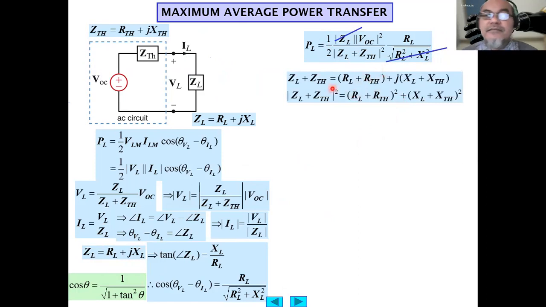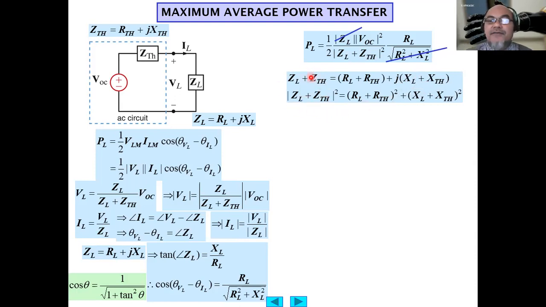From there, ZL plus ZTH equals the real parts, RL plus RTH, plus the imaginary part, J times the load reactance plus the Thevenin reactance, XL plus XTH.